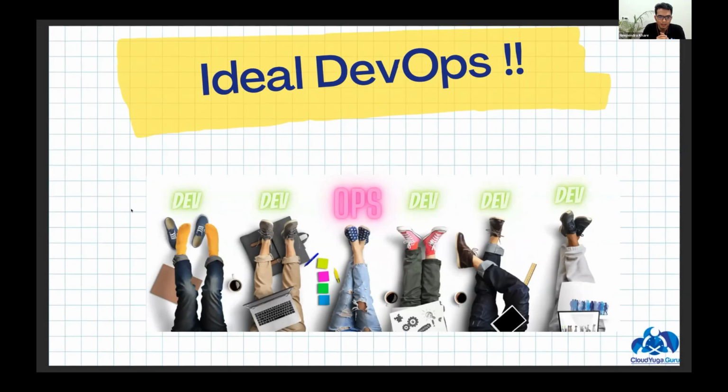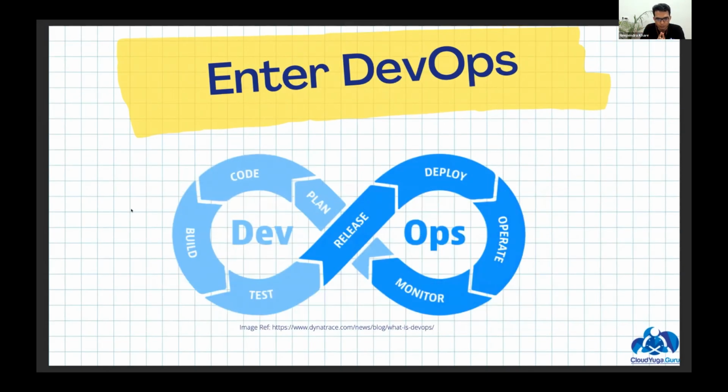So if I look at what the ideal DevOps thing should be, there would be some dev folks and the ops team, an ops person. They should work together. So basically in DevOps, we have dev and ops persons working together as a team. Maybe dev doesn't know about all the stuff about operations and so on.